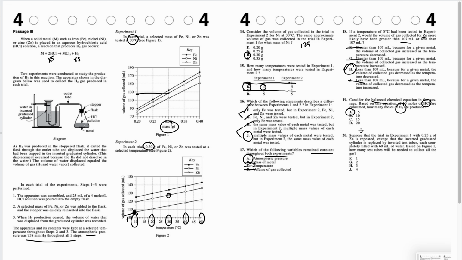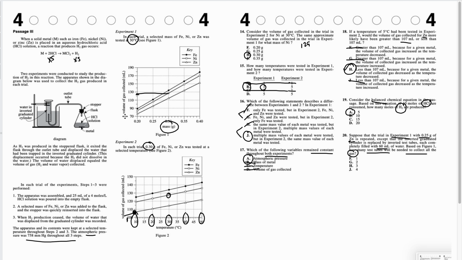Last question of the passage. Suppose that the trial in experiment 1 with 0.25 g of Zn is repeated, except that the inverted graduated cylinder is replaced by inverted test tubes, each completely filled with 60 milliliters of water. So we're going to look at experiment 1, the 0.25 g of zinc. Based on figure 1, how many test tubes will be needed to collect all the gas? So we need to know the volume of gas.